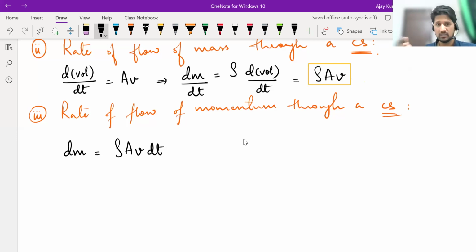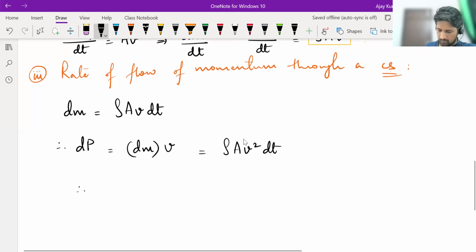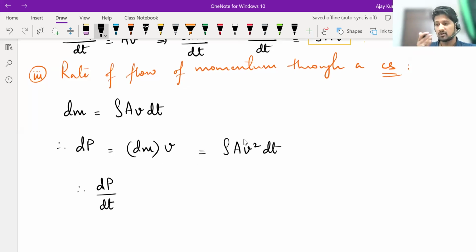V. Therefore, the momentum that passes through the cross section will be the mass that passes through it multiplied with the speed. This will give you the magnitude of momentum which passes the cross section. So that becomes rho A V square dt. Therefore, the rate of flow of momentum, or we should properly say the rate at which momentum crosses that area, is rho A V square.